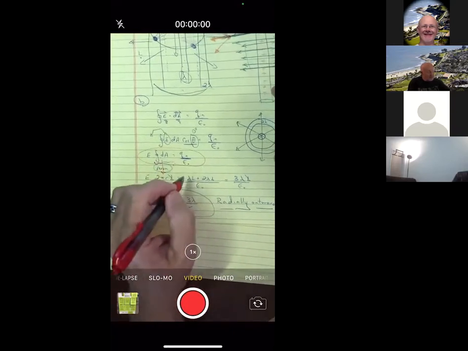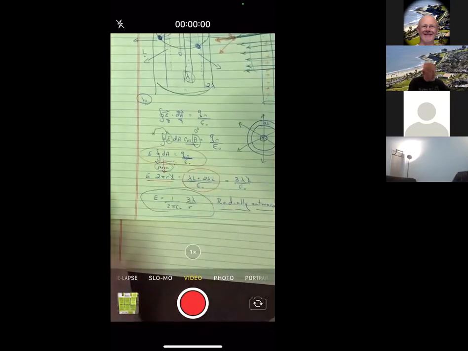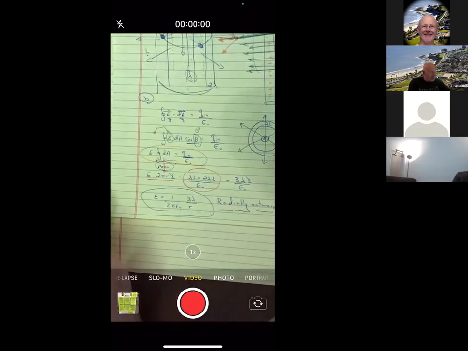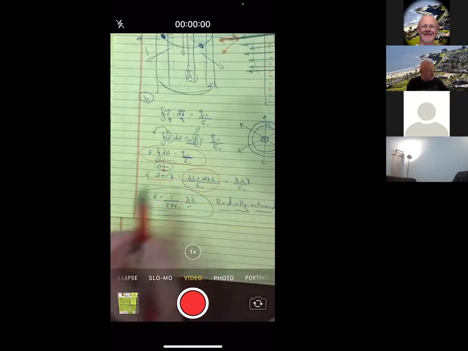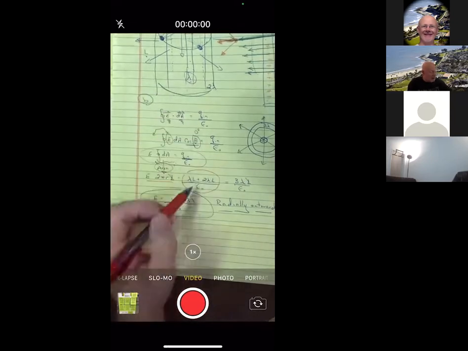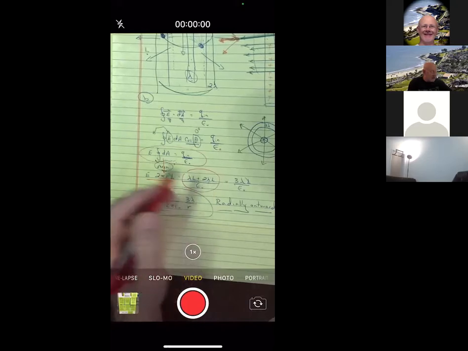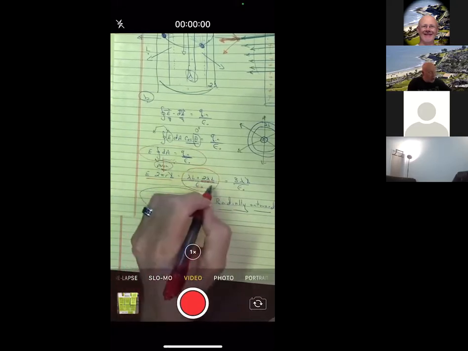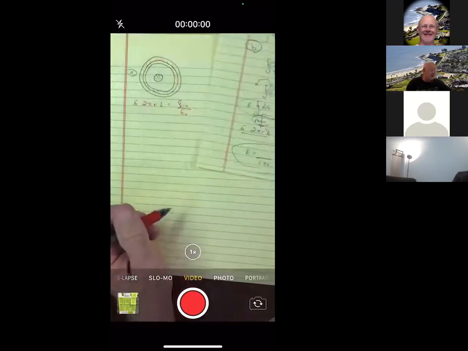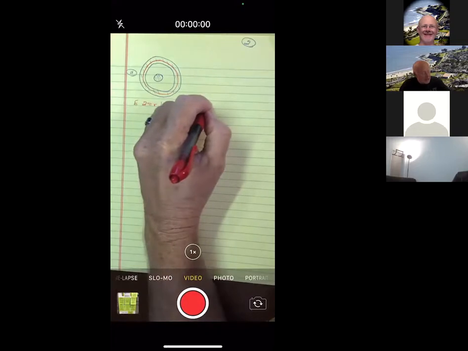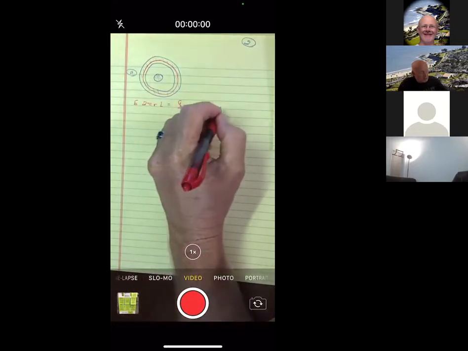Now, in B, I was able to figure out how much was inside of the Gaussian surface because I was told the wire was a lambda and I was told this was on the cylinder. Of course, I don't know how much is on the inner surface and how much is on the outer surface. So in this step I'm going to run into trouble, because I could do the wire.